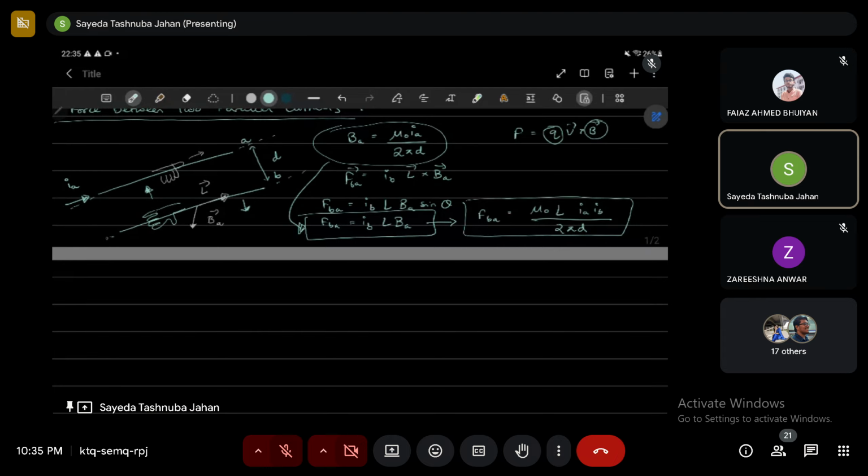Which means that if you have parallel currents, meaning the currents go in the same direction, right? Both of them are going in the same direction and they're parallelly aligned. In that case, you have a force that is attractive, meaning both of the wires will attract each other.